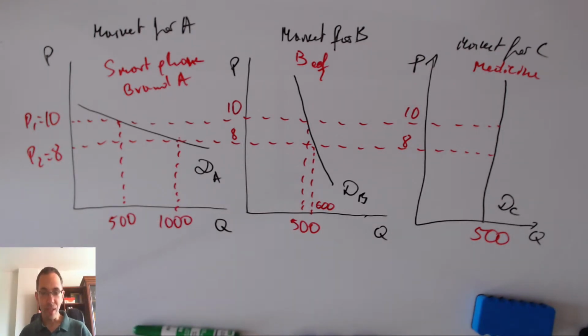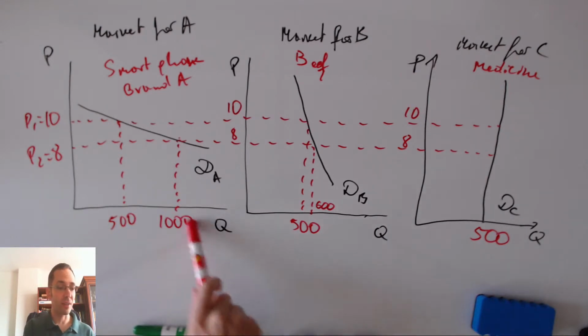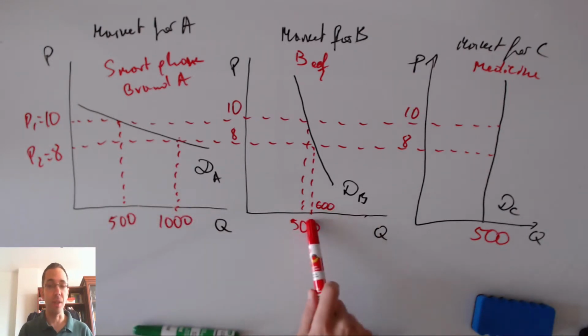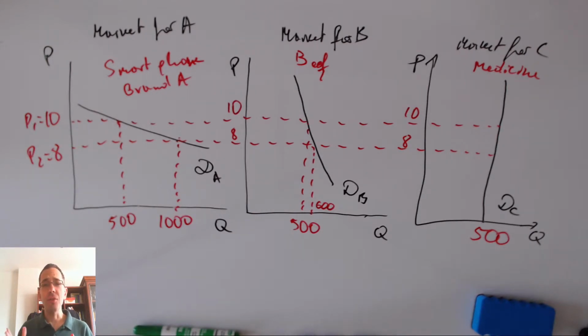Now, wouldn't it be useful to have some kind of a tool that will actually enable us to forecast what this change would be? Imagine that you represent a firm, and the firm is asking itself, if we decrease the price by 10%, what is going to happen to our sales?